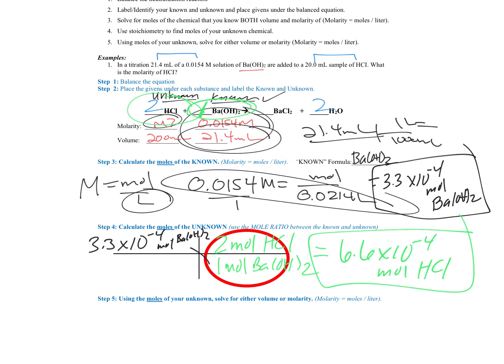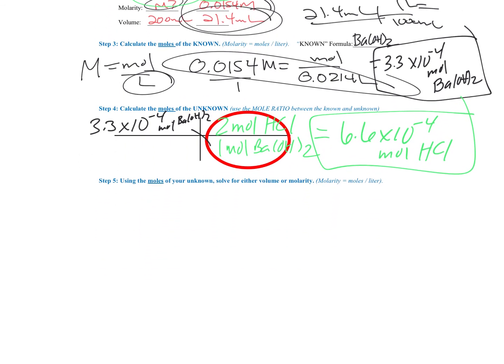So I just switched from being in the base and now I'm in the acid. And so our final step is, now that we know the moles of the unknown and we also have the volume of the unknown, we can use the molarity formula again, but this time subbing in things for our unknown.